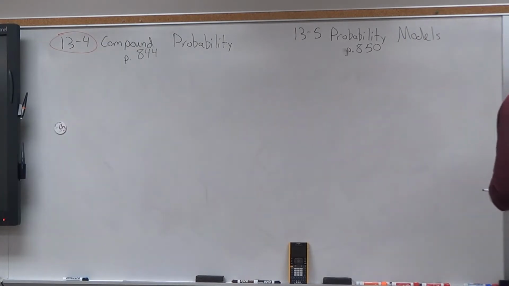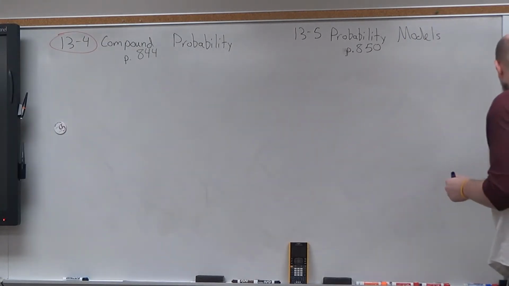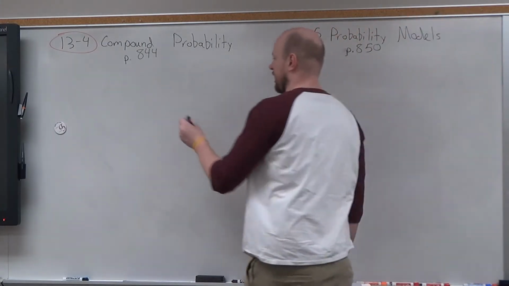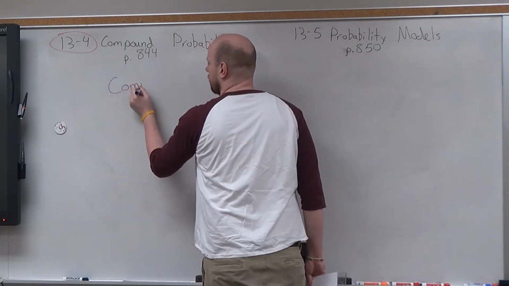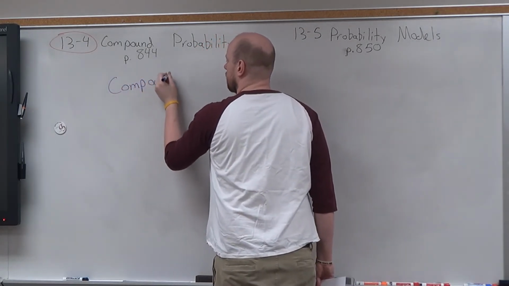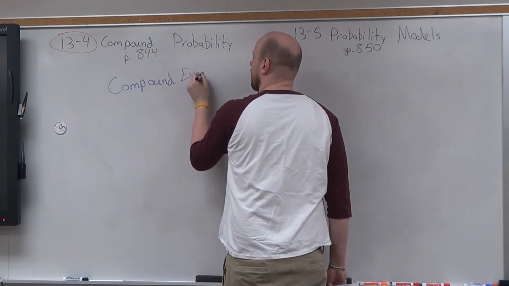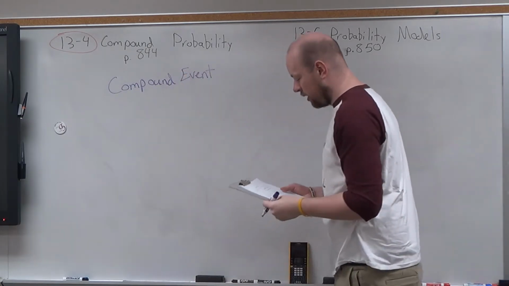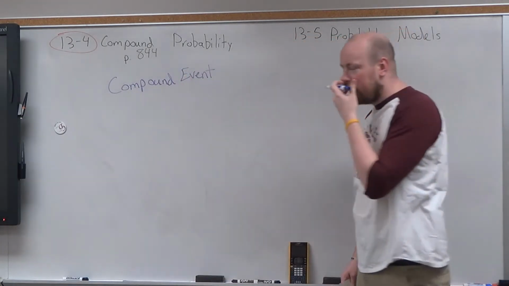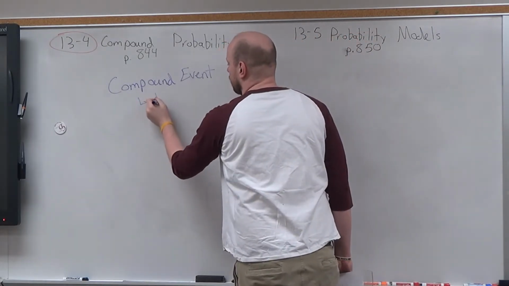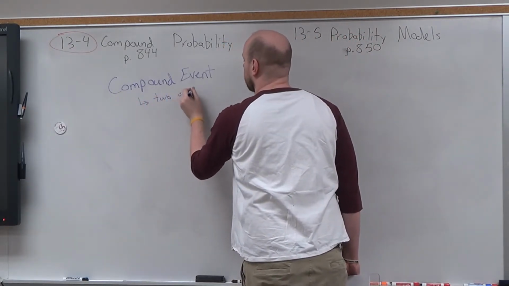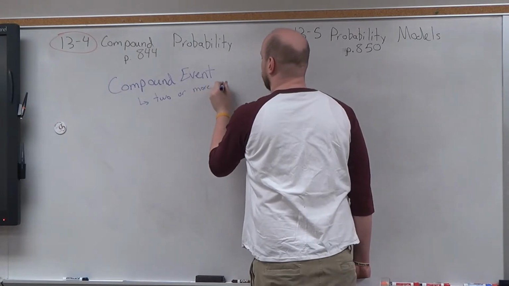Okay. So the first thing is, for compound probability, we need to talk about something called a compound event. A compound event, as one could imply, just means that 2 or more events occur.